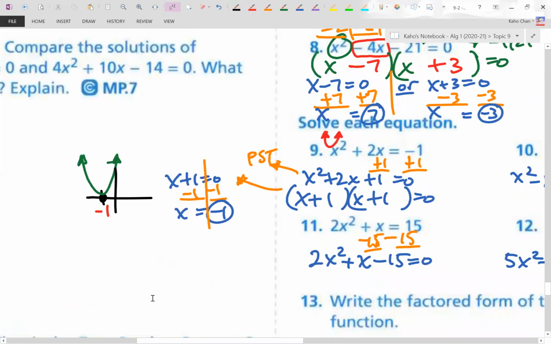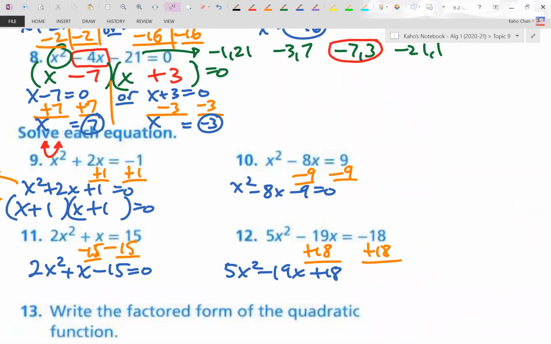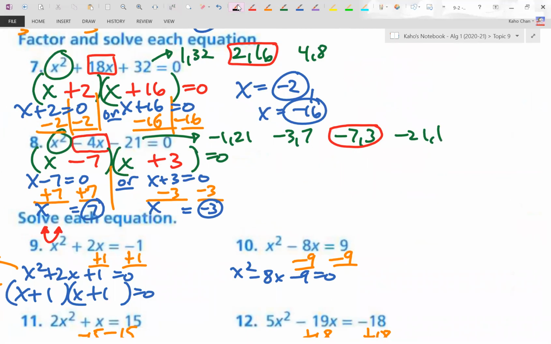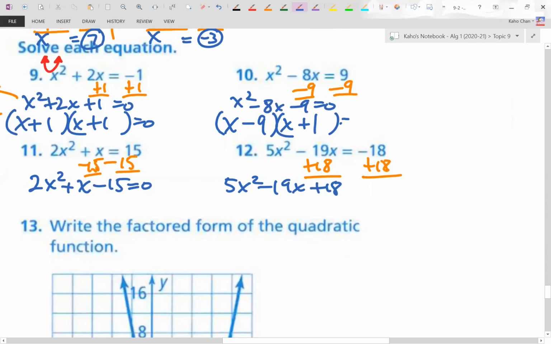Number 10, let's see what happens here. Okay, so this one, we can still get away with guessing and checking, right? There's only one way to get x squared. 9 and 1. I need a -8, which means I have to get that configuration right there. Split them up and solve.